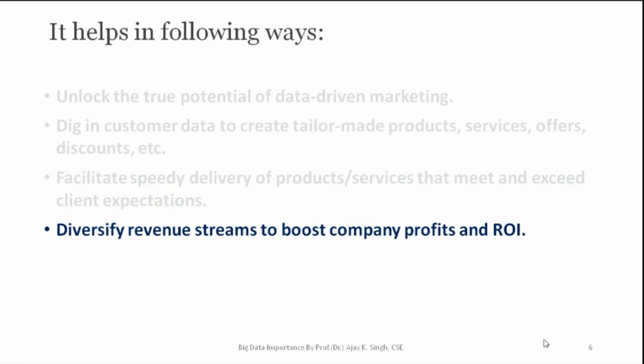Next, diversify revenue streams to boost company profits and ROI. Big data is playing a vital role in that, and it is going to boost the company in order to generate profit. So what is ROI, beta? Here, in this context, it is return on investment.